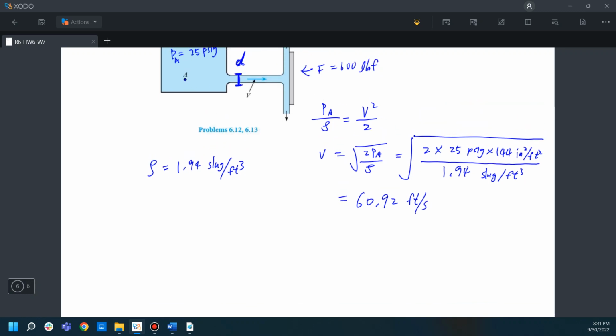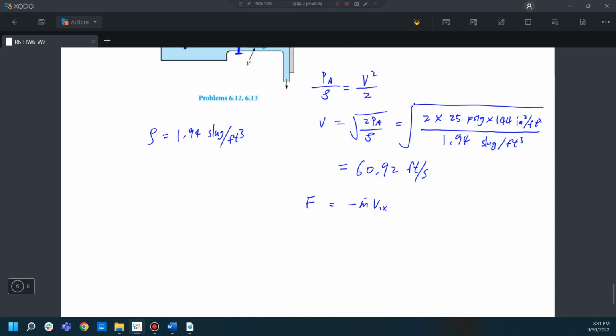We want to further apply the momentum equation to build up the relationship between this force and this object. This is minus V1x.